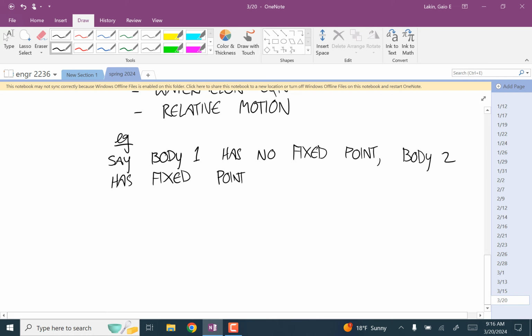Then we'd get an equation that says, okay, so at the joint that connects the two, to calculate that acceleration based on what body 1 is doing, the acceleration would be the acceleration of the center of mass of 1 plus angular acceleration of 1 crossed with this r vector from 1 plus omega 1 cross quantity omega 1 cross r1.